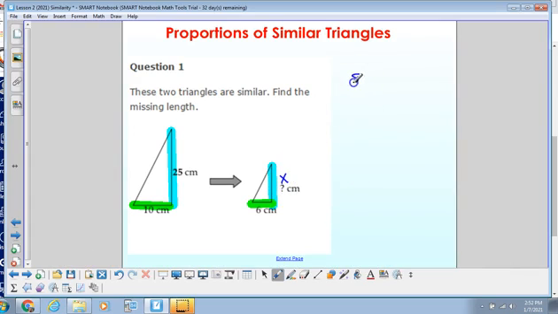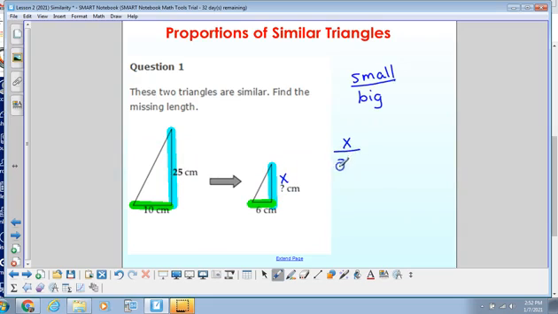Now I always write my proportions small to big, unless it's just asking for a scale factor and then the order of the letters. I will always write the smaller one over the bigger one just to be consistent. So I want to match up the parts that are corresponding.